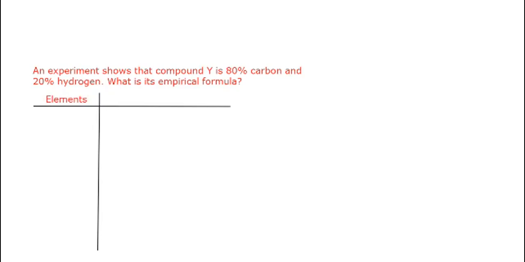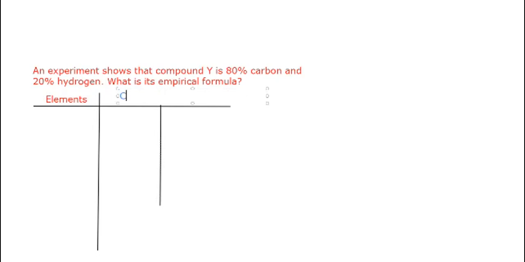Okay. Now, what are the elements? You can see here, Y is the compound which contains carbon and hydrogen. Now, I'm going to mention the elements this way: C and H. Yes, C and H. That's very good. I'm going to change the color.